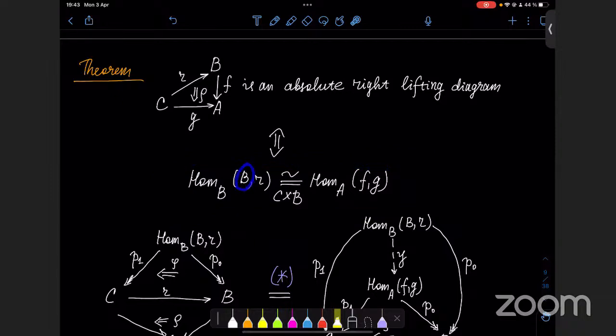Recall that it means that we replace this one by the identity on B, and so it means that each hom object between F and G is representable by this R.